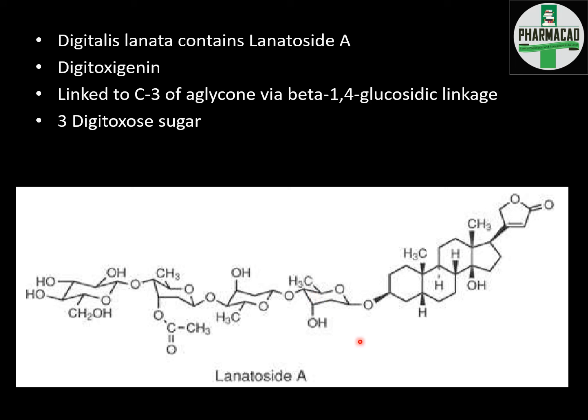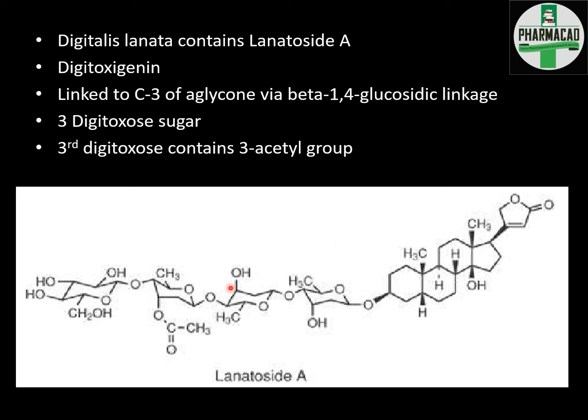Now there are 3 digitoxose sugars. If you see 1, 2 and 3 digitoxose sugars present in lanatoside A. The third one contains an acetyl group on the third hydroxy group. In this third digitoxose sugar, this is the first carbon, second carbon and third carbon. Normally the third carbon should contain a hydroxy group, but here it contains COCH3, that is an acetyl group attached to this oxygen.